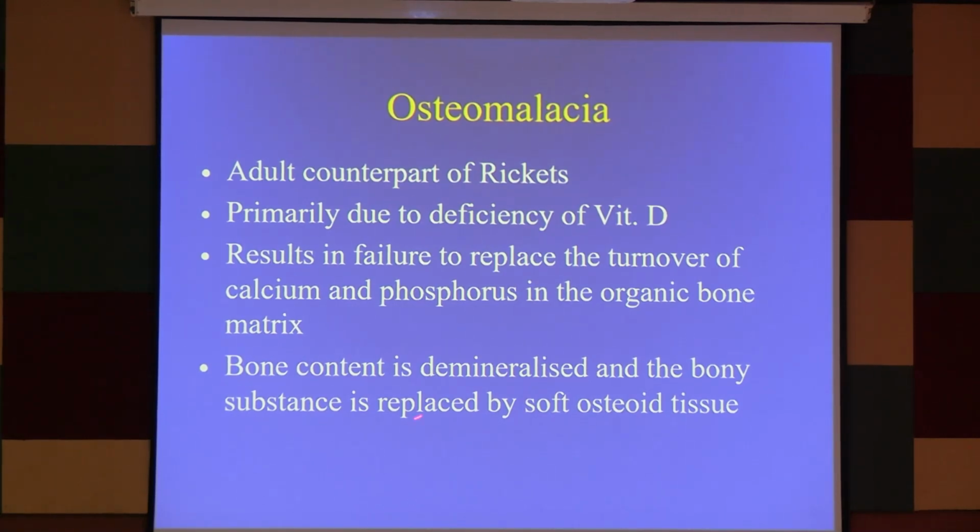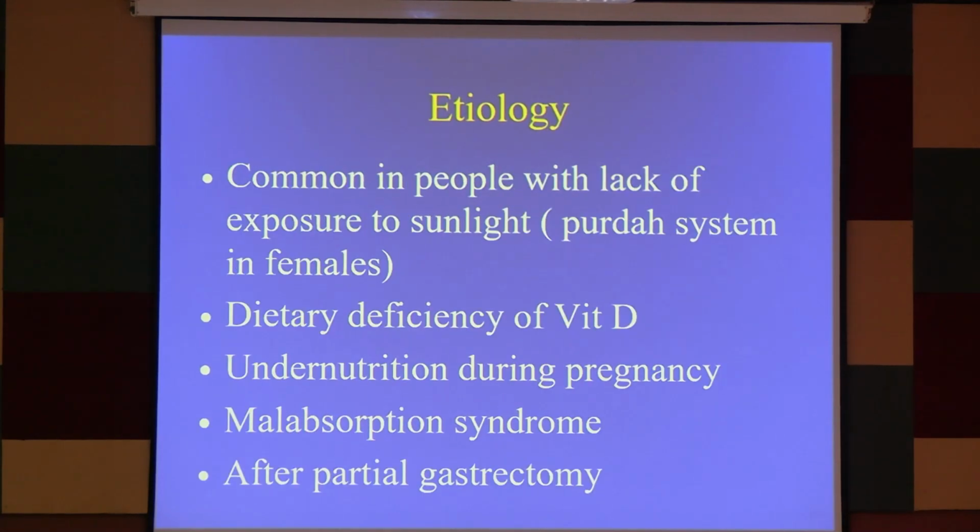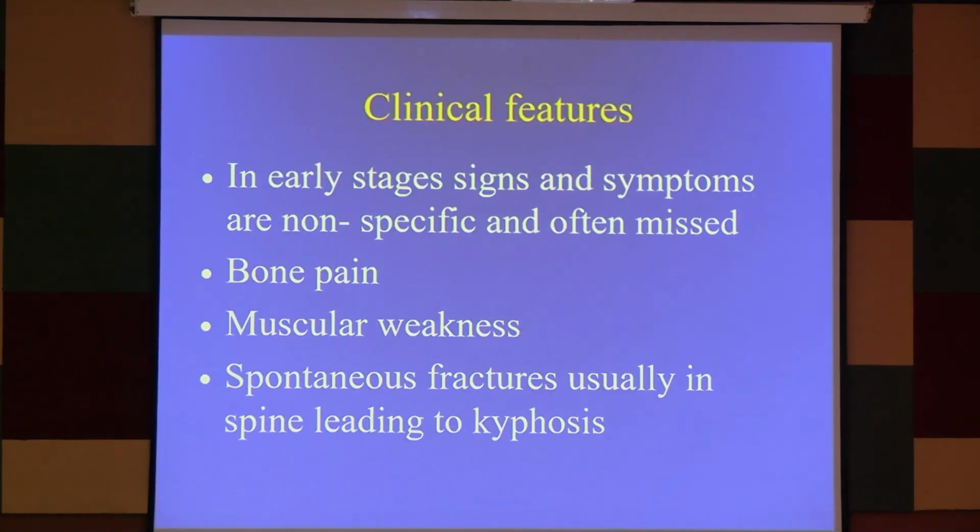So the bone is not mineralized and it is replaced by soft osteoid. It is common in people who have lack of sun exposure. It could be because of dietary deficiency of vitamin D, any kind of malabsorption, or surgery like gastrectomy, or during pregnancy, or chronic kidney or liver disease.